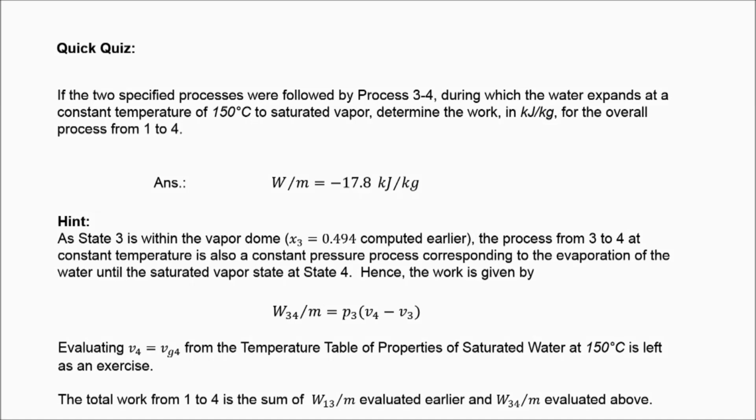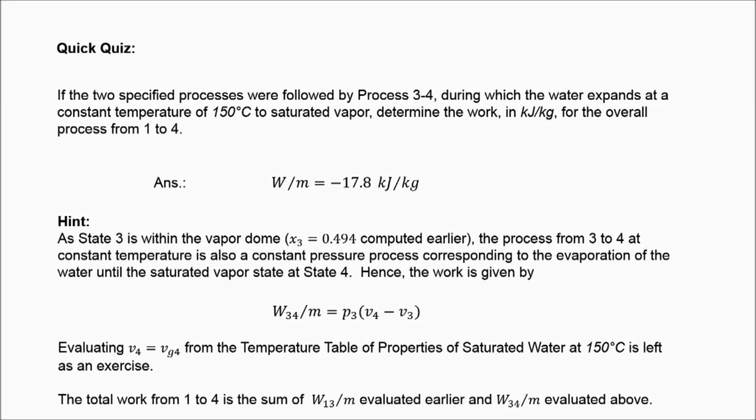Evaluating V4 equal to Vg4 from the temperature table of properties of saturated water at 150 degrees C is left as an exercise. The total work from 1 to 4 is the sum of W13 over m evaluated earlier and W34 over m evaluated just now.